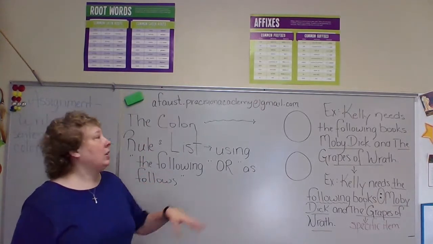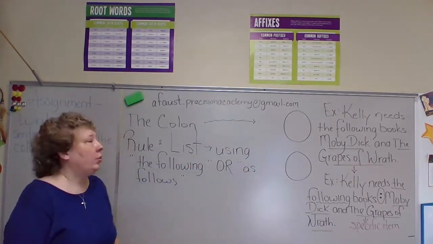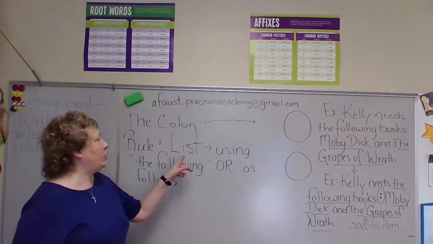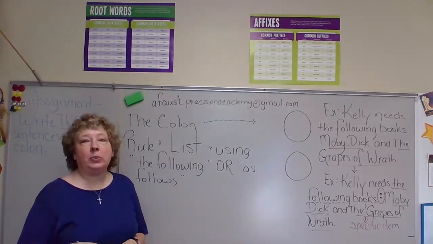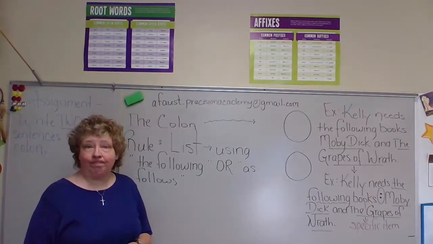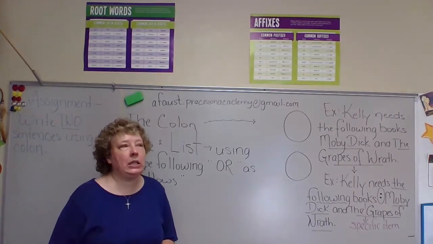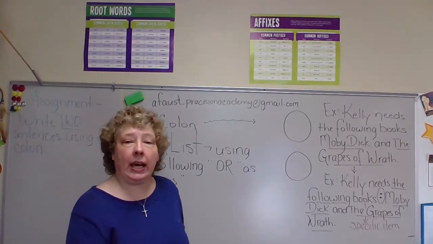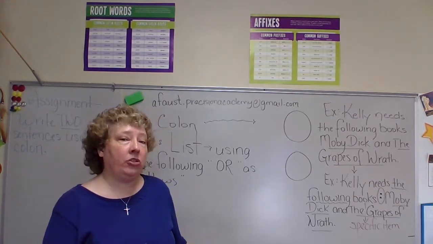When we use the colon, we have a rule that has to do with a list. Okay, it could be a list of ice cream flavors. Okay, it could be a list of clothing items such as jeans and shirts.